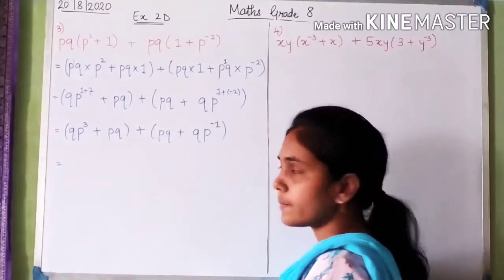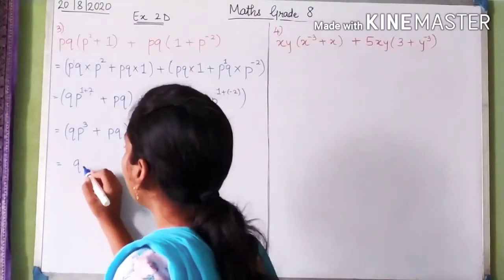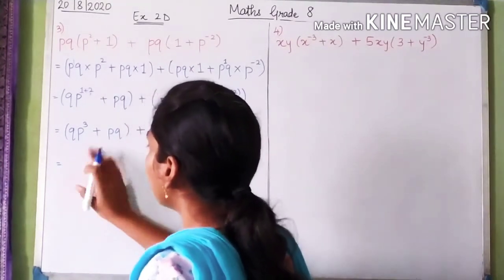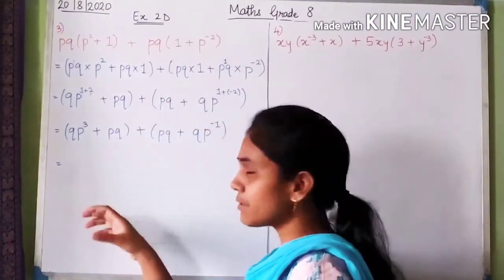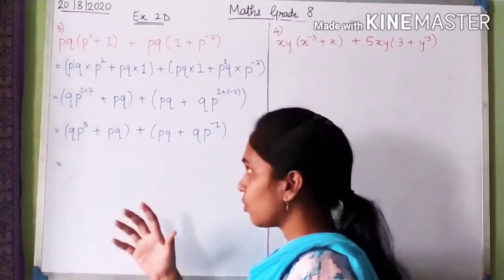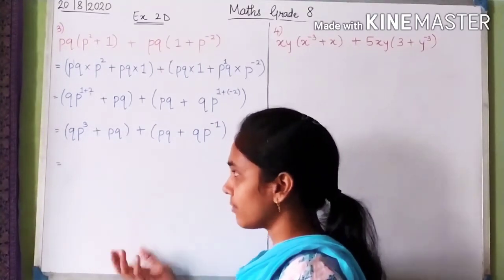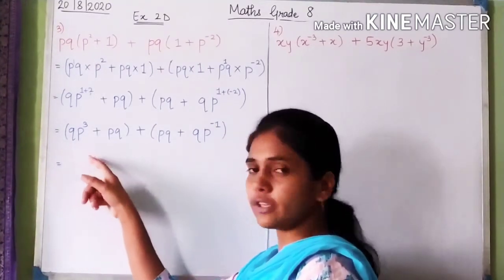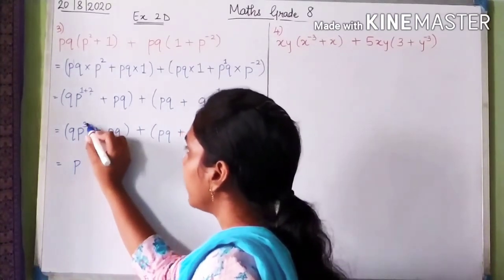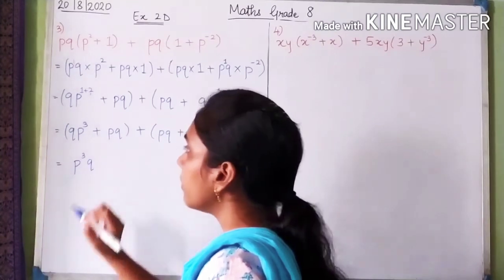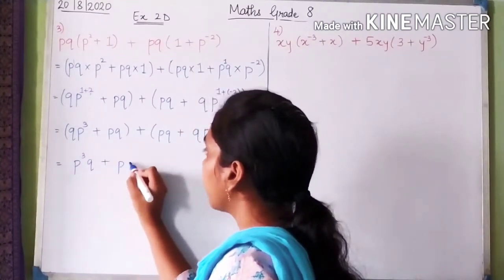We remove these brackets. So QP, or we can write it as, according to the order of alphabets, P comes first and Q comes second. It does not differ if you write QP or PQ. But normally we write P is having power 3. So P cube Q plus PQ.